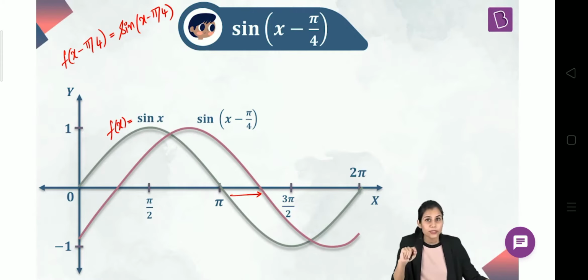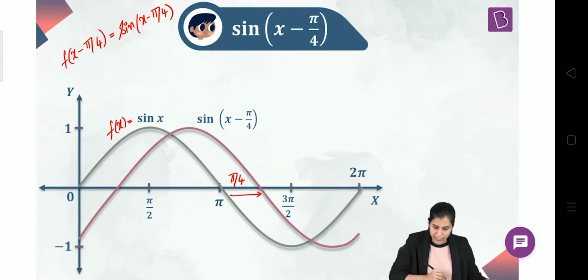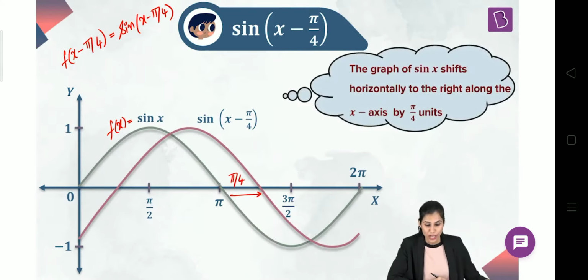In fact, again, to be precise, if you take the graph of sine x and you shift it to the right along the x-axis by pi by 4 units, you are going to get the graph of sine of x minus pi by 4. So what is happening actually? To get a better feel of this, let's check out this simulation.